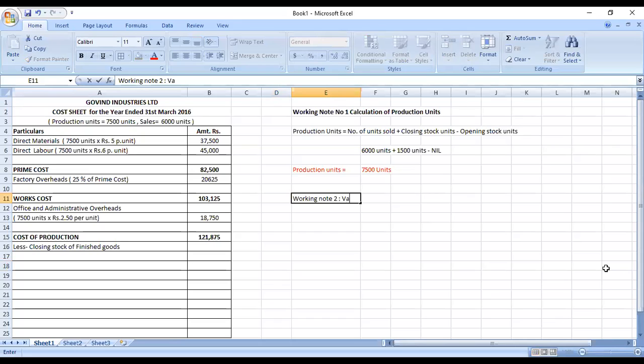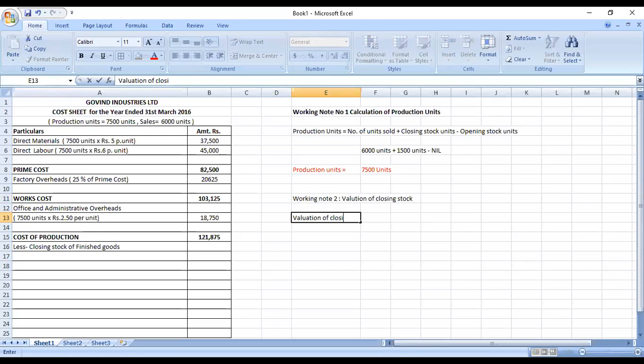Valuation of closing stock. What is the formula for the valuation of closing stock, student?